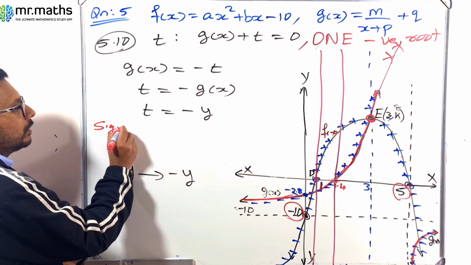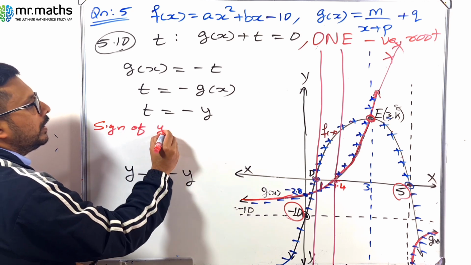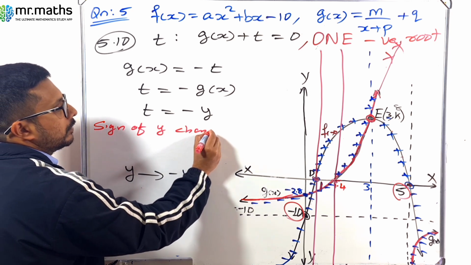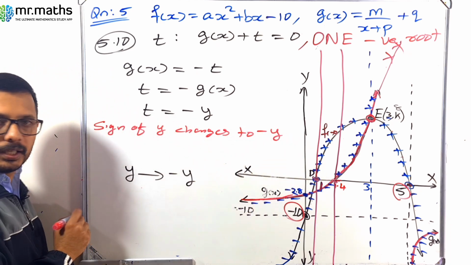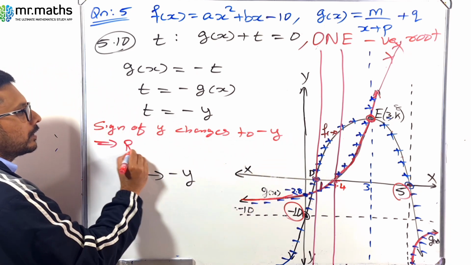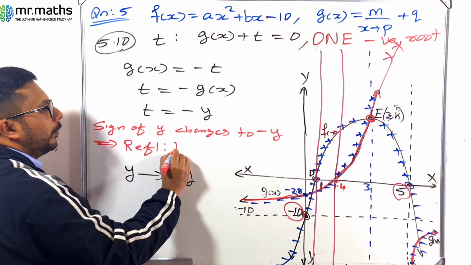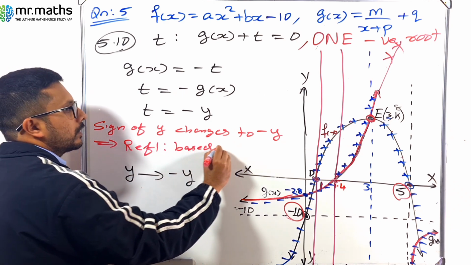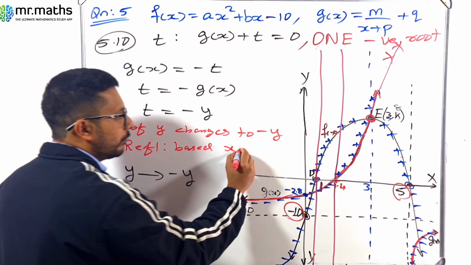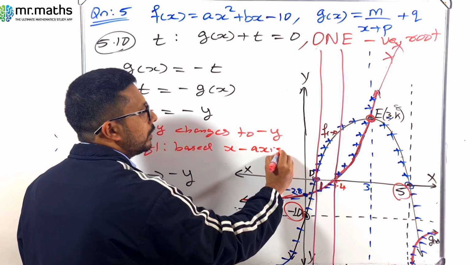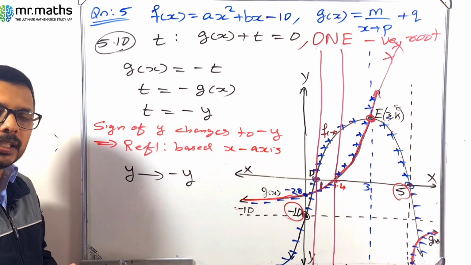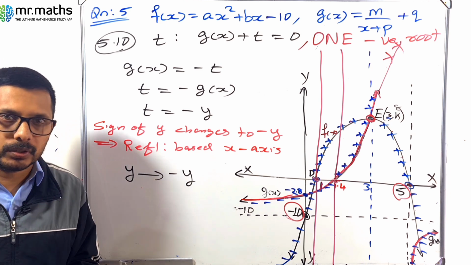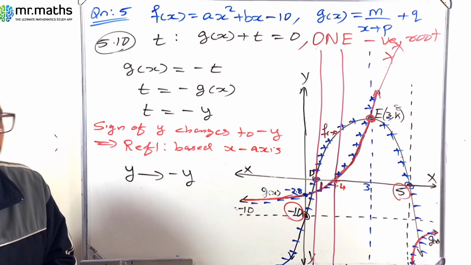The sign of y changes to minus y. It implies a reflection based on which axis? If the sign of y changes, that is a reflection based on the x-axis. Do you understand?